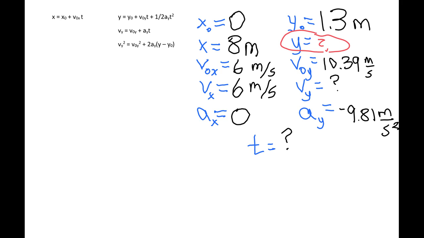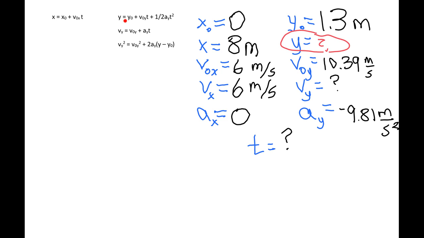Let's take a look at our kinematic equations for projectile motion. We know that the variable that we want to solve for is this y, this final height. And we can see it in this equation here, and then we also see it here in this equation. If we look at these equations to see whether we have the necessary information to solve for y, either here or here, we see that we don't.